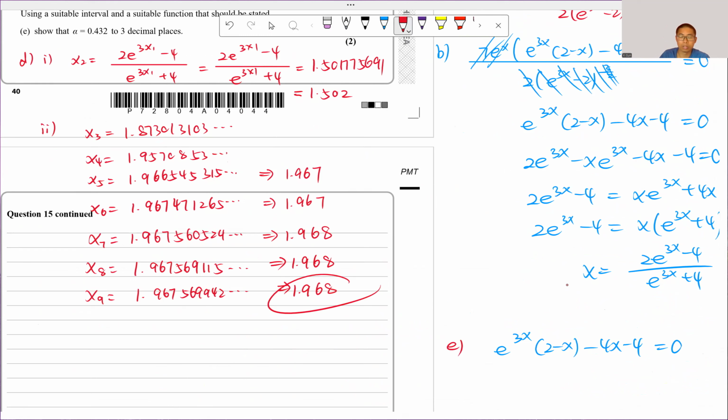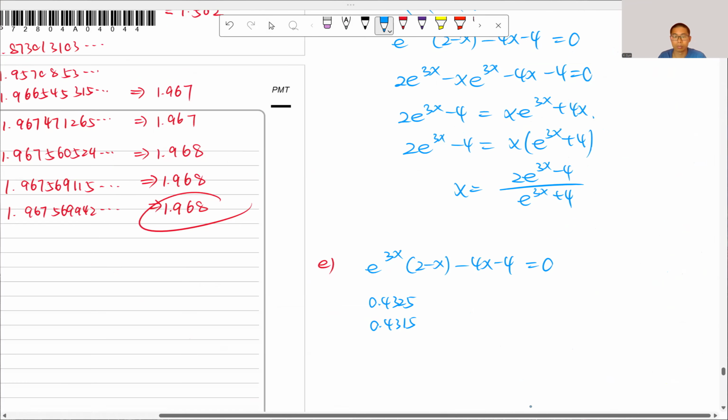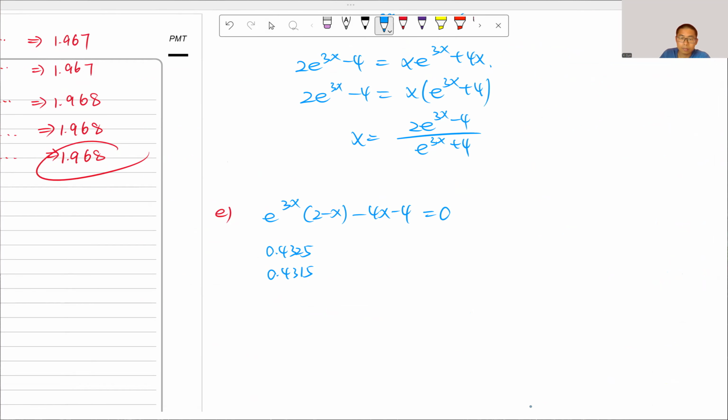So for question E, that's the function. And then the upper bound we should use is 0.4325, and the lower bound is 0.4315. And then let's do the substitution. So this would be e to the power 3 times 0.4325, 2 minus 0.4325, minus 4 times 0.4325, minus 4.